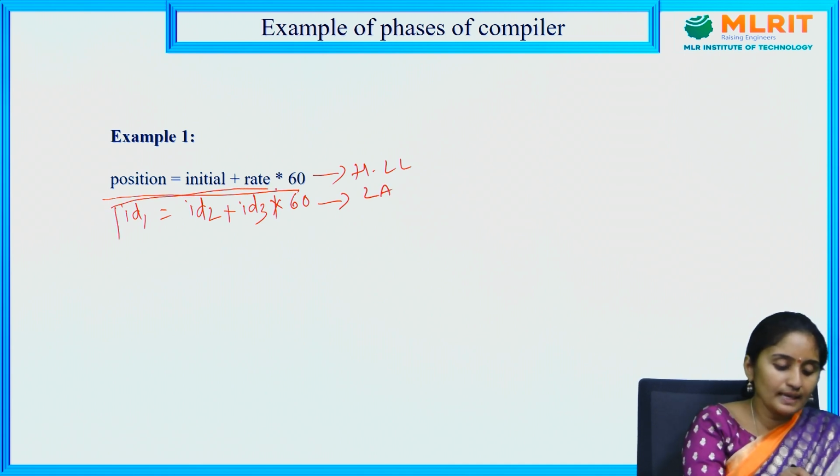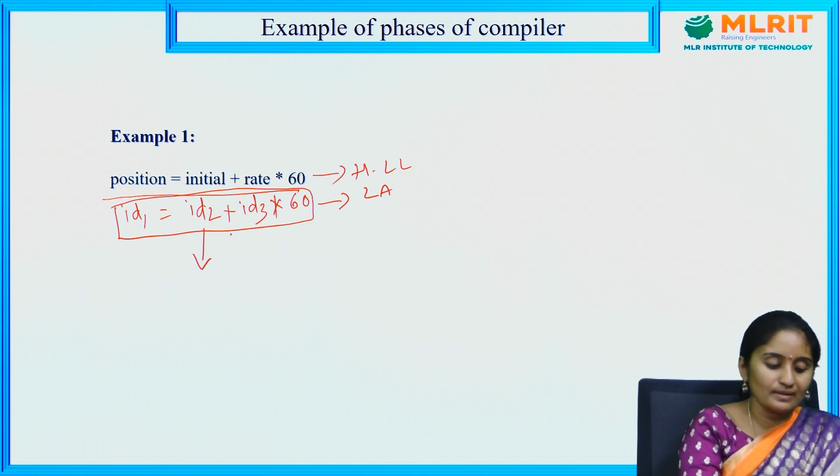This is given as an input to the syntax analyzer phase. The lexical analyzer generates tokens, and these tokens are given as an input to the syntax analyzer. The syntax analyzer generates a parse tree.